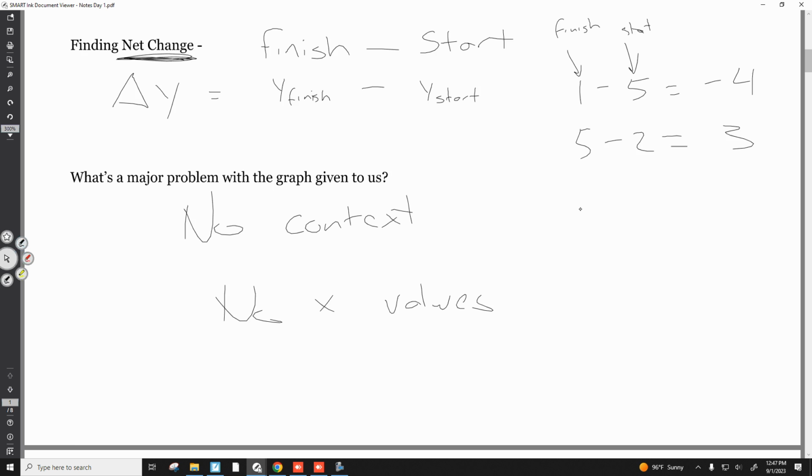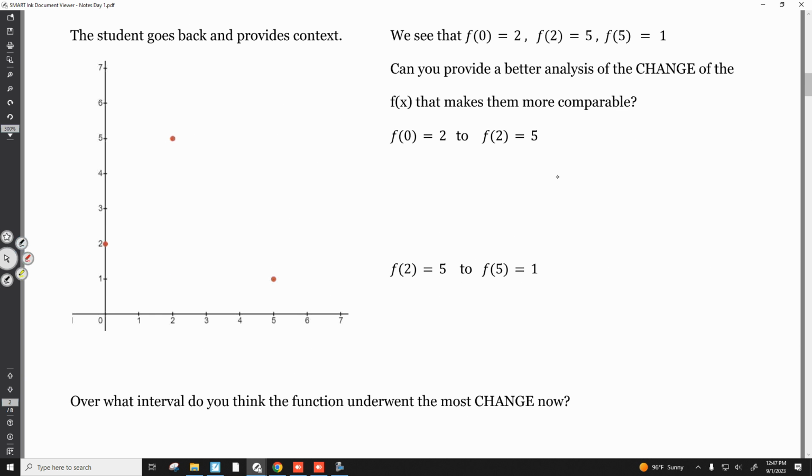Okay, so the student, my teacher aide, went back and said, okay, turns out with my function, when you plug in 0, you get 2. When you plug in 2, you get 5. When you plug in 5, you get 1. Okay. Now we have some more context.